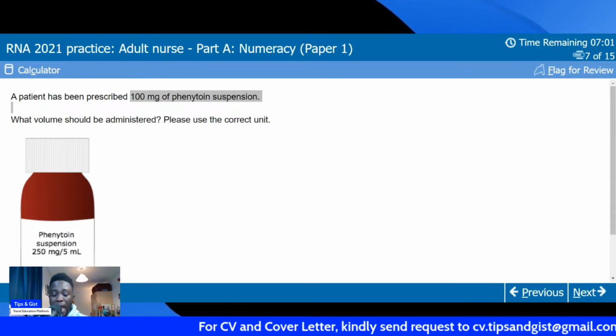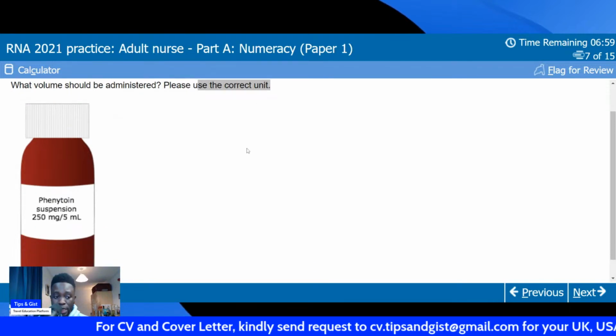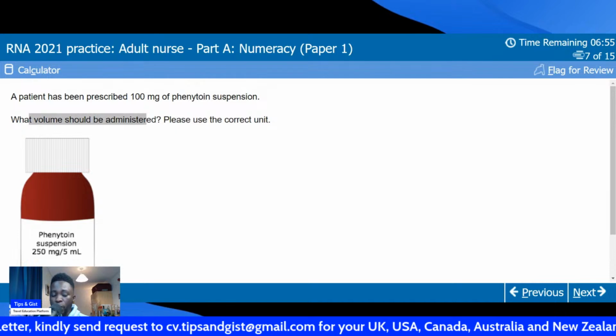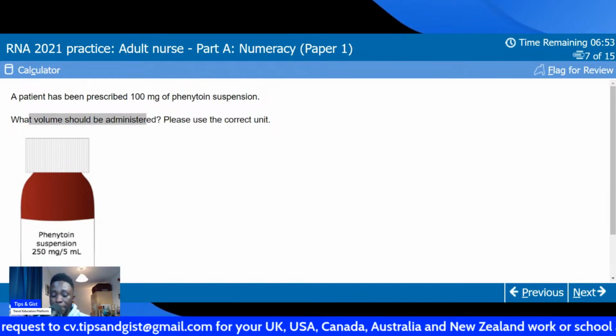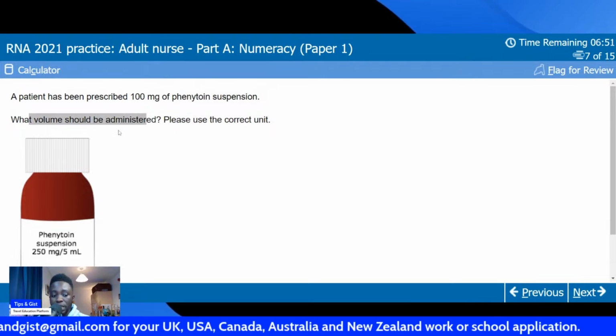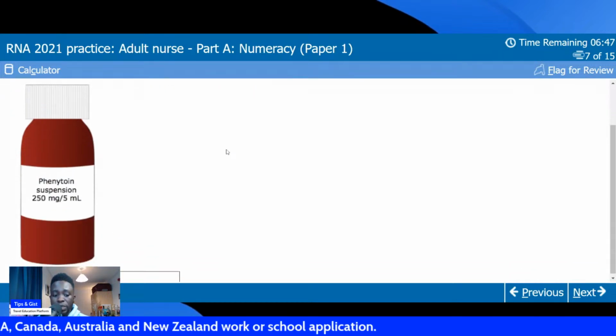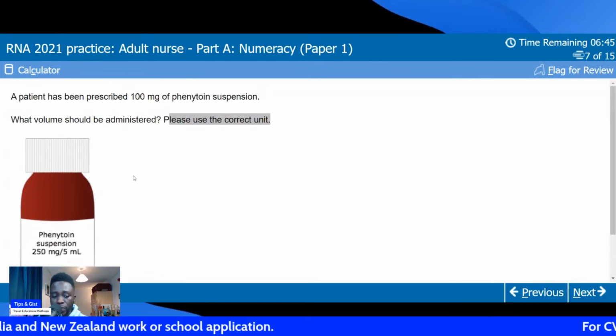What volume should be administered? Please use the correct unit. Now, the question is volume, so we know we have to get our answer in mils, because it's a liquid. We have to type the correct unit. That is what we have to note.